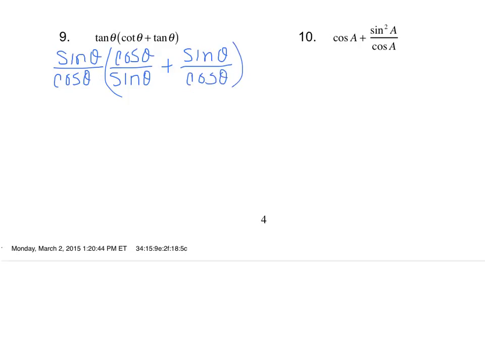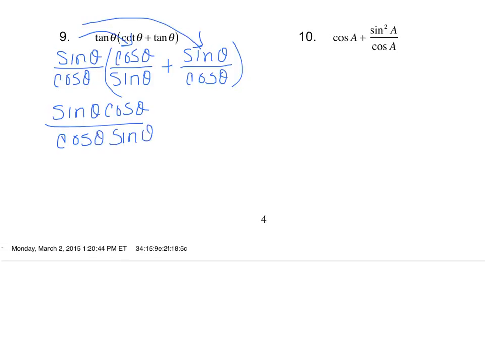All right, I can do the distributive property, and I would get sine of theta over cosine of theta times cosine of theta over sine of theta, plus sine of theta times sine of theta, sine squared of theta, over cosine of theta times cosine of theta, which is cosine squared of theta.